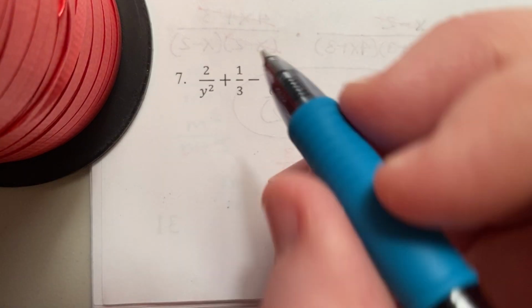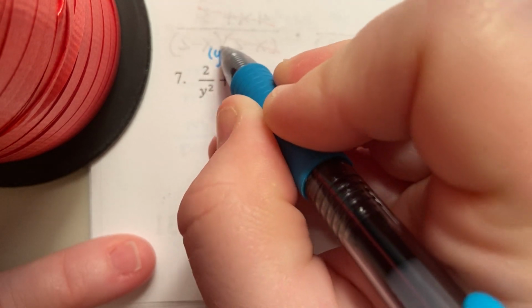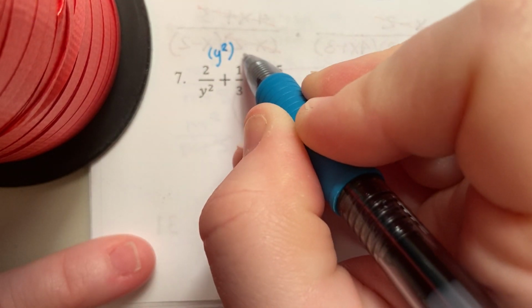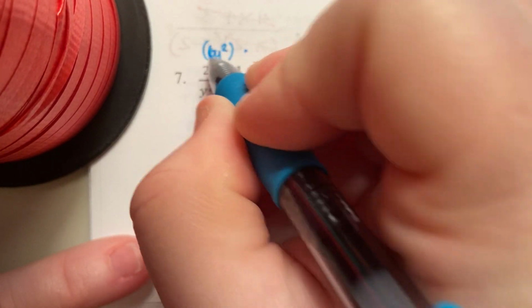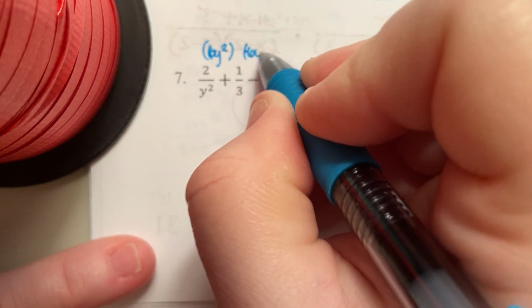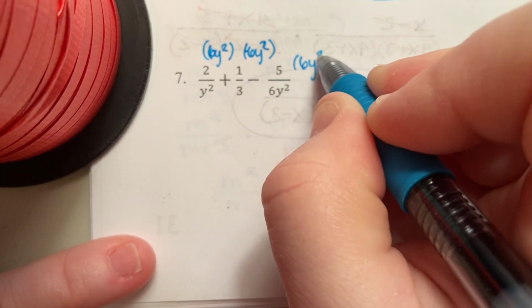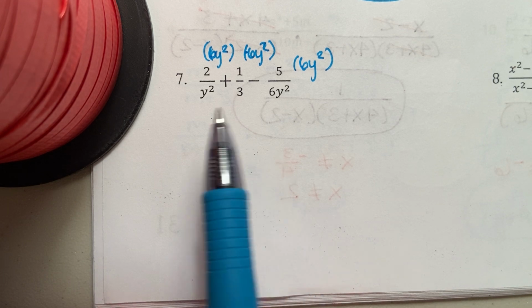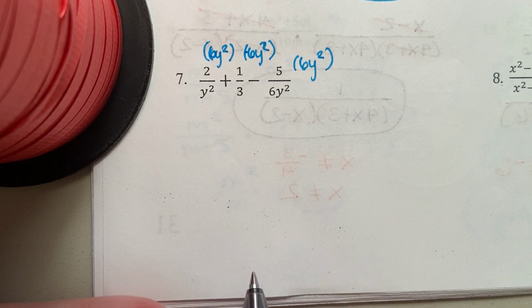So I'm going to multiply this term right here by y squared. This term here, oops, I messed up already, 6y squared, sorry. This term by 6y squared, and this term by 6y squared. So all 3 terms are being multiplied by the common denominator, all right?